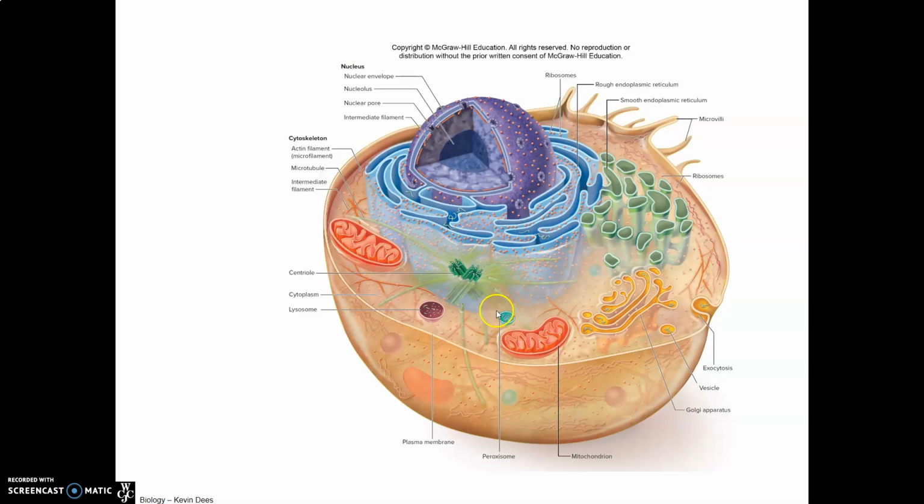While this particular round structure, the peroxisome, is filled with agents that help to break down peroxides: enzymes called catalase, which are important to help detoxify the hydrogen peroxide that's produced inside of cells. You might also see some food vacuoles or storage vacuoles inside of the cell as well. So these are the basic parts of our animal cell.